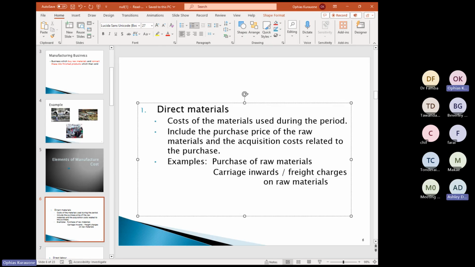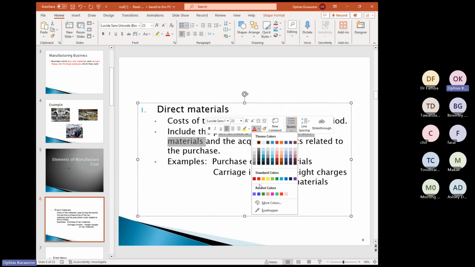So how do you measure it? The money measurement unit should come into place, because here we include the purchase price of the raw materials. How much have you purchased to bring those raw materials into use? How much have you paid to the suppliers?